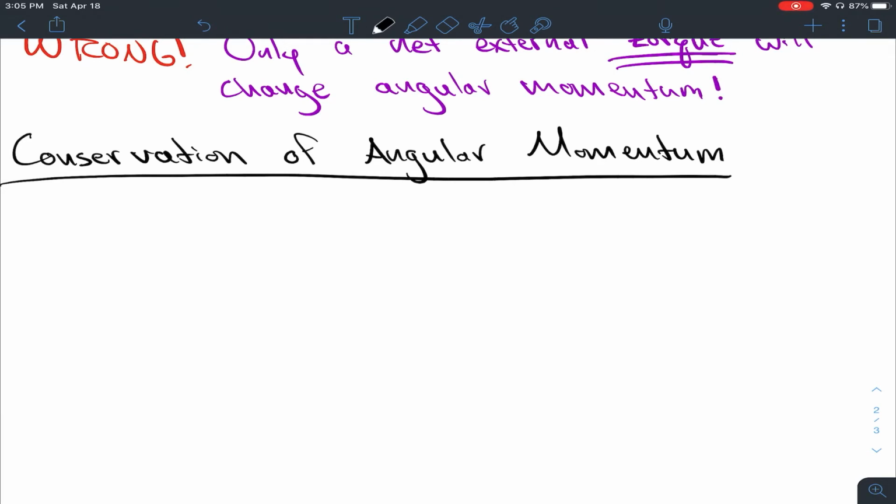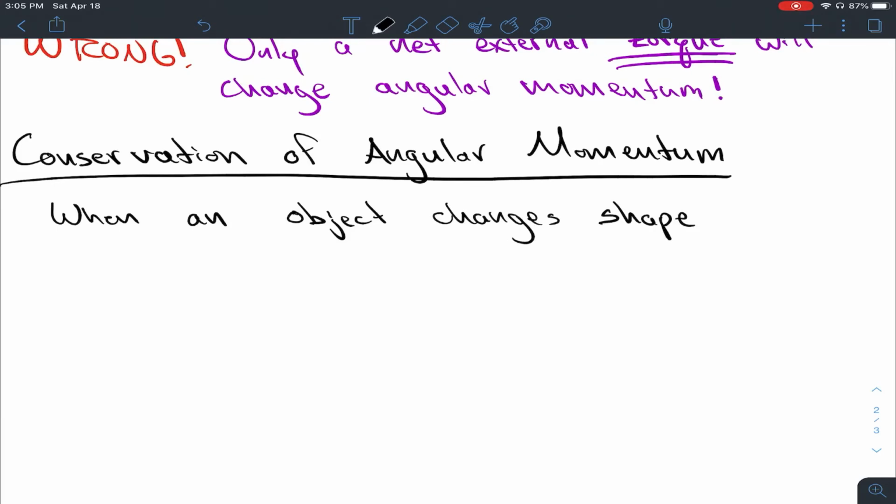I actually like to word it a slightly different way, and that is when an object changes shape. When we say changes shape, what we're really getting at is that we're changing its rotational inertia, its moment of inertia, by changing its shape.